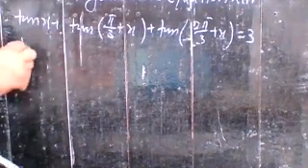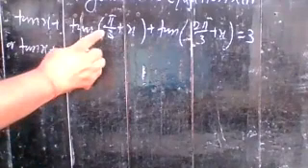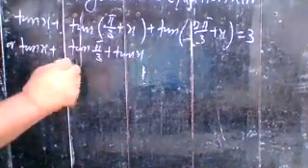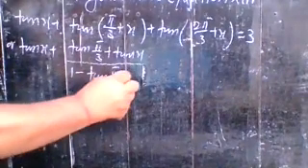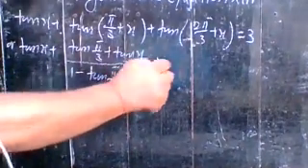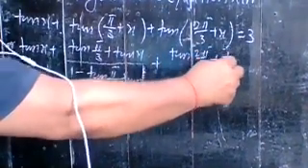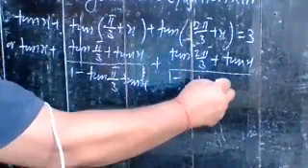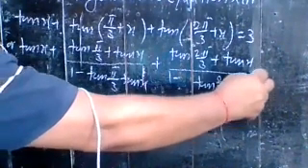Applying the formula for tan of x plus y, you have tan x plus tan pi by 3 plus tan x upon 1 minus tan pi by 3 into tan x plus tan 2 pi by 3 plus tan x upon 1 minus tan 2 pi by 3 into tan x is equal to 3.